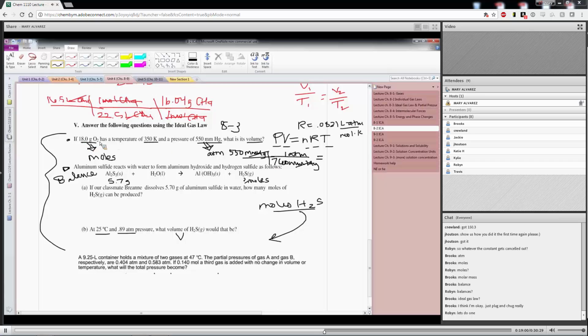For here, we've got 2 oxygens. They're each at 16. So we've got 18 grams oxygen, and we have 32 grams of oxygen in any 1 mole of oxygen. The hard part here is remembering that there's 2 oxygen atoms, and then remembering that the 32 goes with the grams. So that's going to give us moles of oxygen.